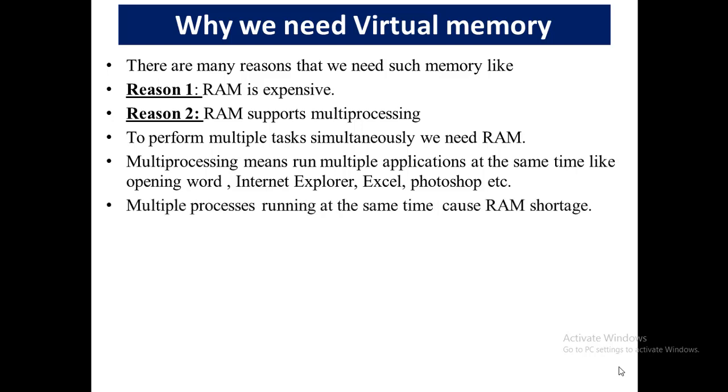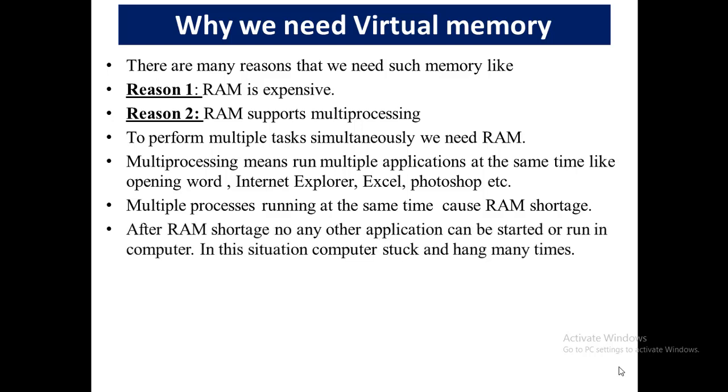Multiple processes running at the same time cause RAM shortage. As multiple programs run at the same time, it consumes more RAM. Resultantly, there is a RAM shortage in the computer system. After the RAM shortage, no other application can be started or run in the computer.